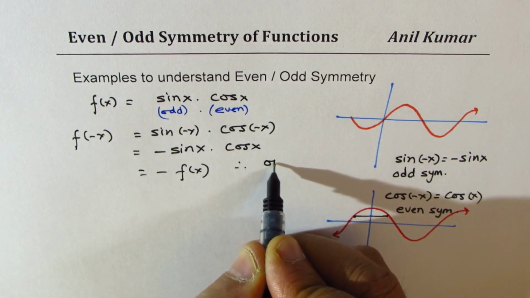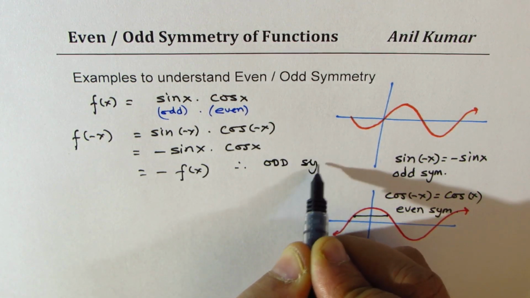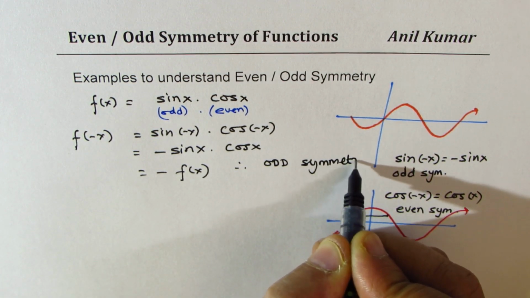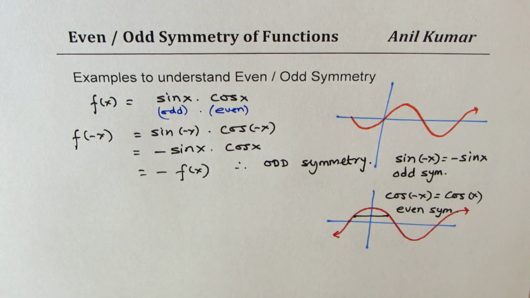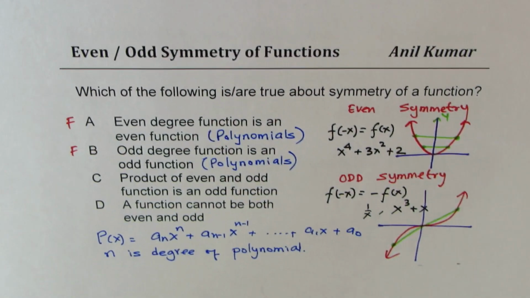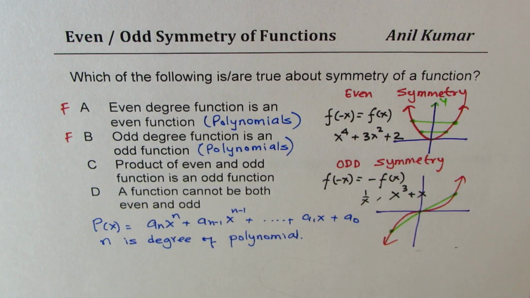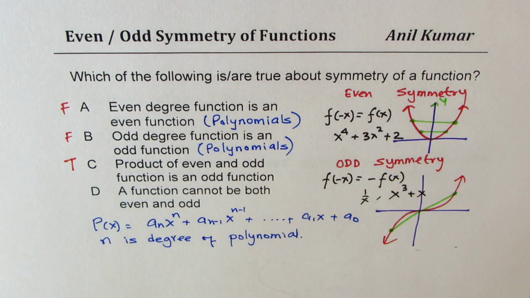Therefore, it is odd symmetry. Correct? So we have an example which does illustrate that the product of even and odd is basically odd symmetry, right? So coming back to our original question, we get C as true.